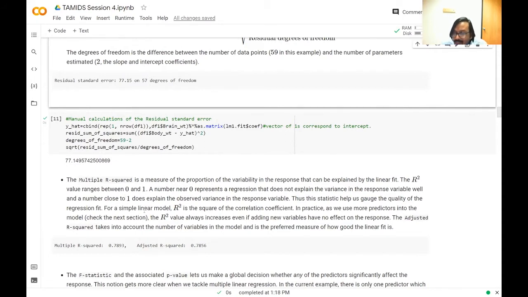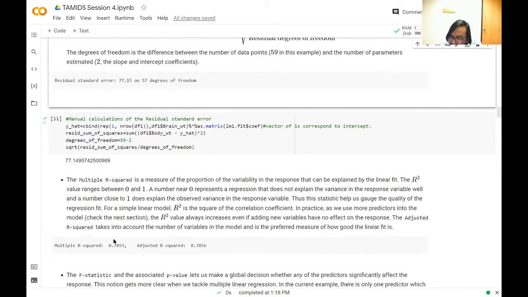The problem is, for multiple R squared, as you keep adding more and more predictors, the multiple R squared value gets closer and closer to 1, as if we are doing a better and better job at explaining the variability in the response.